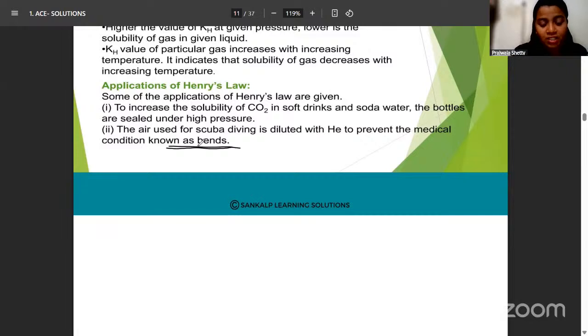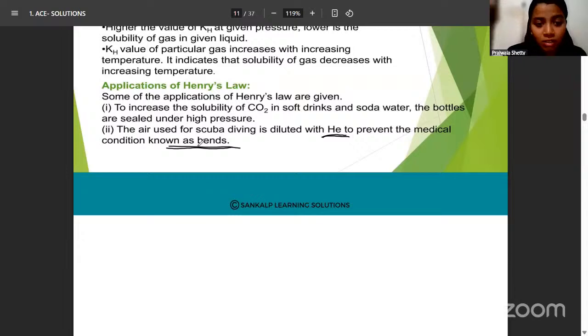Again, what do we do to avoid bends? We replace nitrogen with helium, to avoid the bends and the toxic effect of high concentrations of nitrogen in the blood.